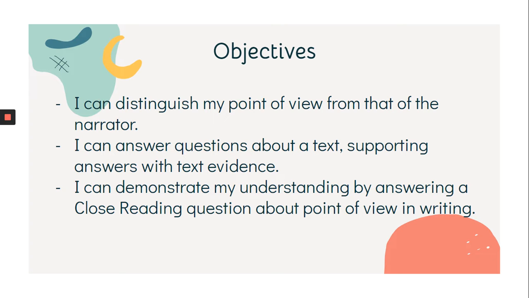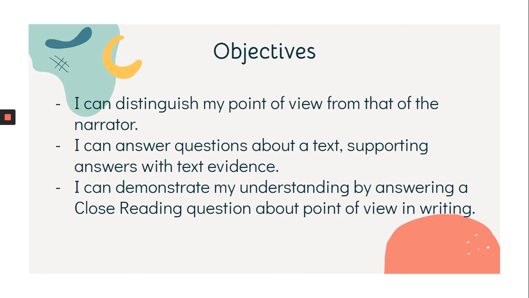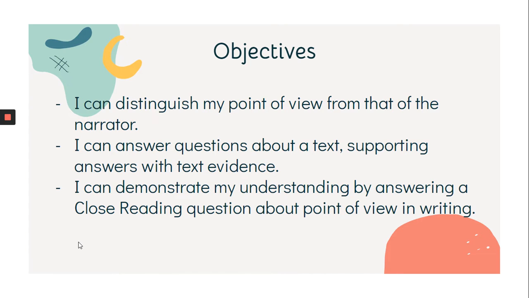Below, you can see our last objective is we're going to be able to demonstrate our understanding by answering a close reading question about point of view in writing. So not only are we going to be able to answer that question orally, we're going to be able to write down our thoughts. So those are our learning targets today. How do we differentiate or understand the narrator's point of view versus the reader's point of view?